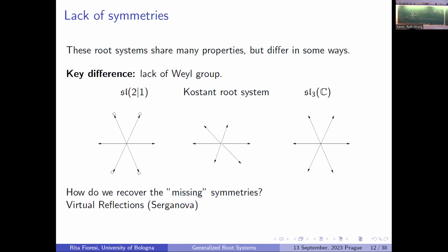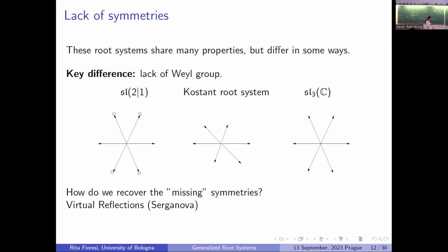And then there is the SL21, which pictorially looks exactly as SL3, except that I put here the little circles to say that these roots are odd. So there are some symmetries that are forbidden. You can't send an odd root to an even one. So it has less symmetries, okay? So the key difference between these three notions of a root system that are actually employed in Lie theory in a major way is that there are missing symmetries, okay? How do we recover missing symmetries?